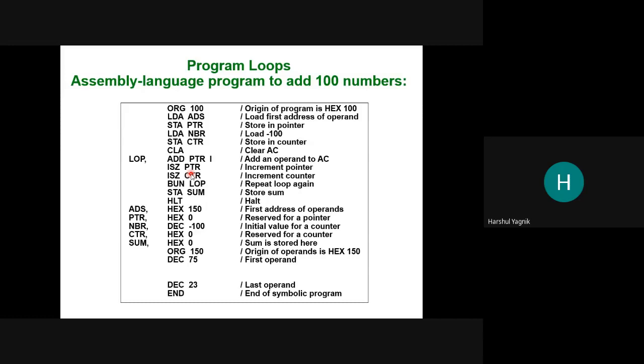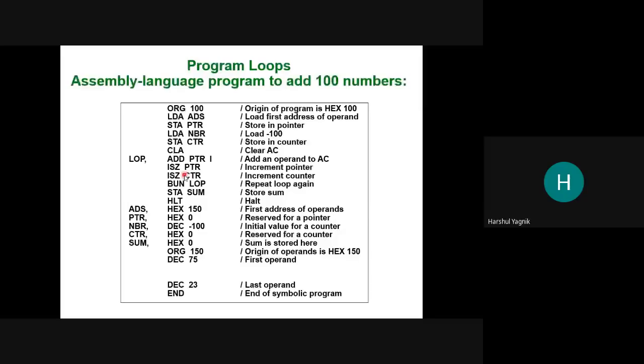So the next instruction is to store this result, which is in the accumulator, to the memory location. Over here the SUM label is written. So the SUM label is assigned a value binary 0, and at that memory location, the result in the accumulator will be stored.